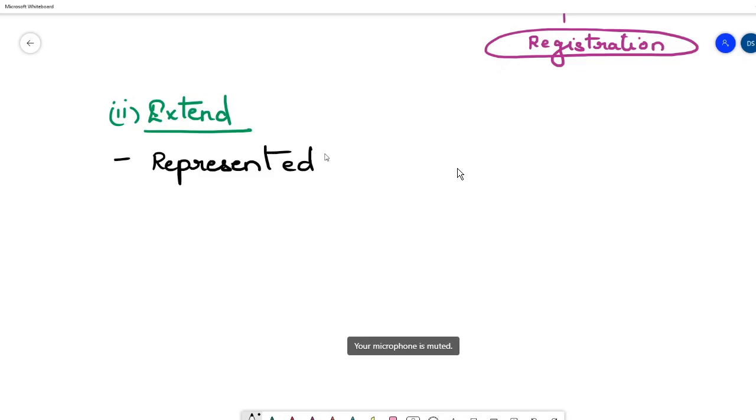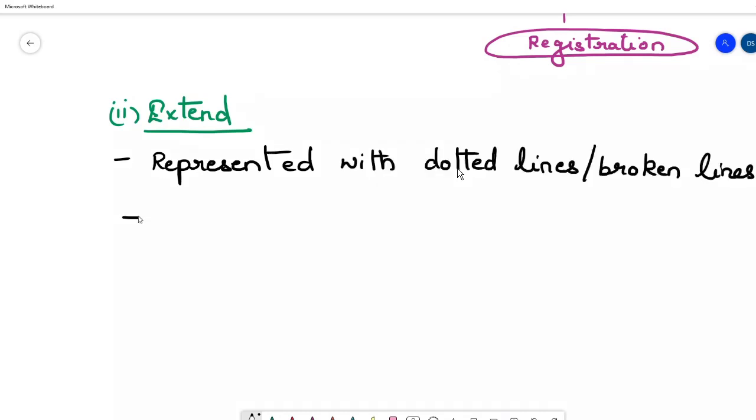And the arrowhead would be towards the class from which a new class has been derived.